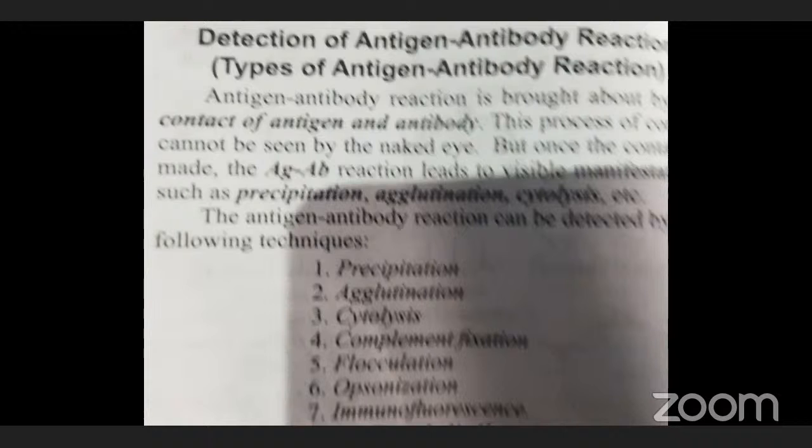Types of antigen-antibody reactions: we cannot visualize them with the naked eye, but the reactions still take place. Some antigen-antibody reactions become visible, such as precipitation, agglutination, cytolysis and opsonization. Before the reaction we cannot visualize it, but at the end of the reaction we can see the result.